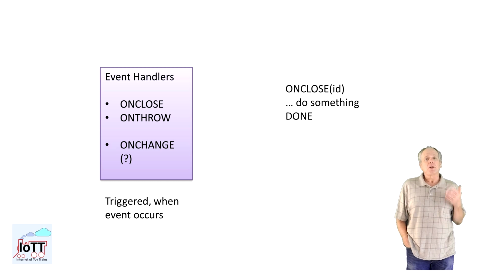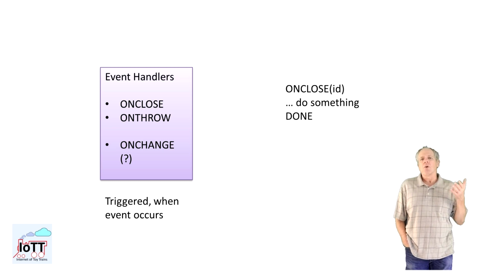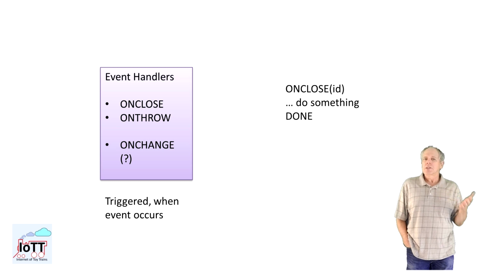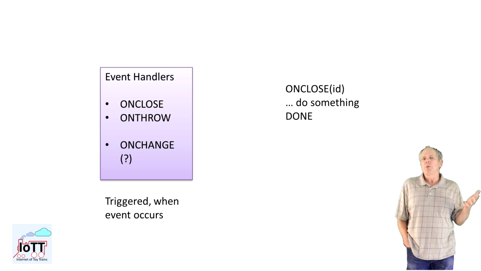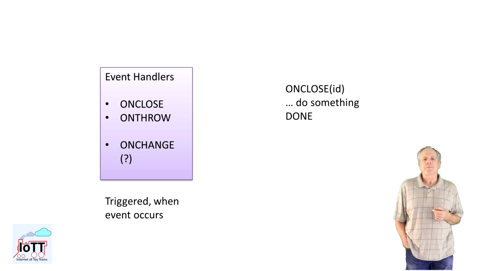If that happens, the commands following the event keyword are executed until the keyword done is found. This execution is completely autonomous, just based on the event happening. Unfortunately, at this time there is no event handler that would fire when an input state change occurs, but chances are this is something that will be available in future versions of X-Rail.